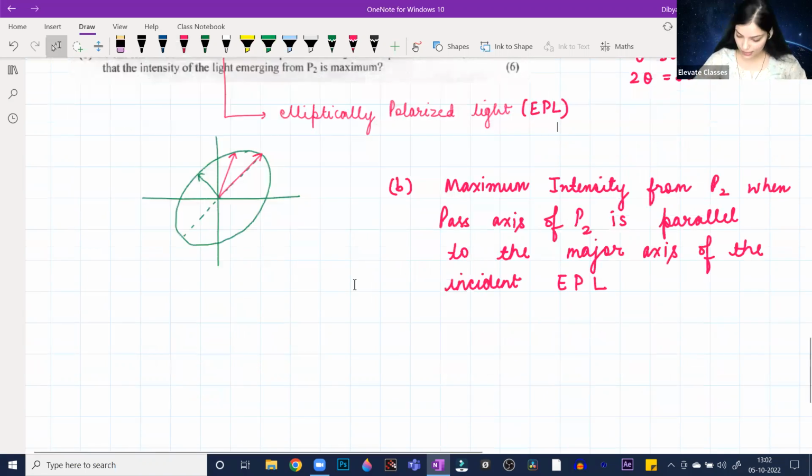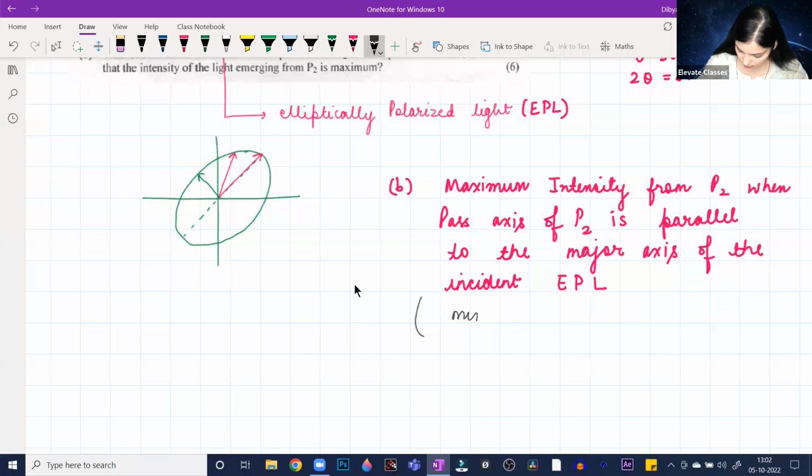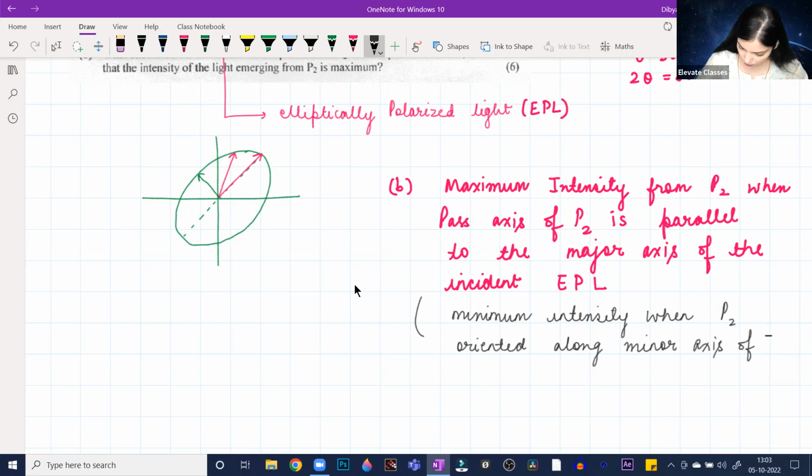So this is one thing, and similarly we can make a note, vice versa, that the minimum intensity is when P2 is oriented along the minor axis of EPL.